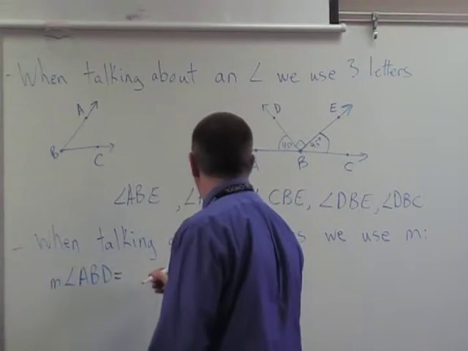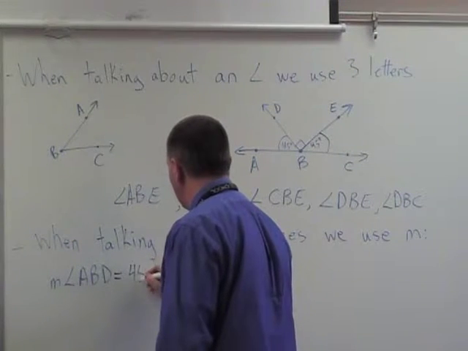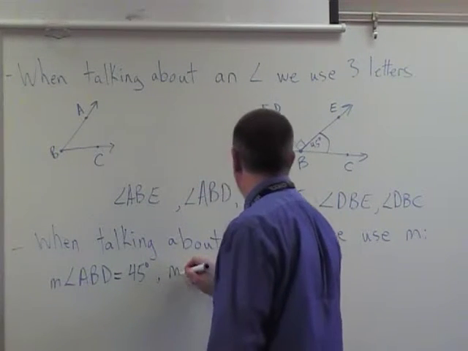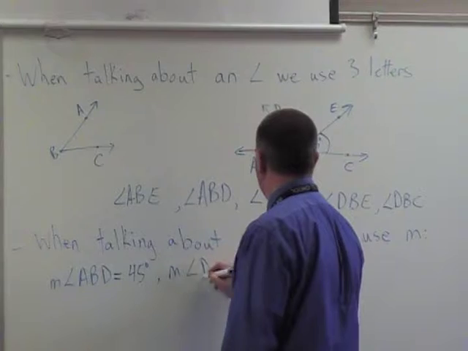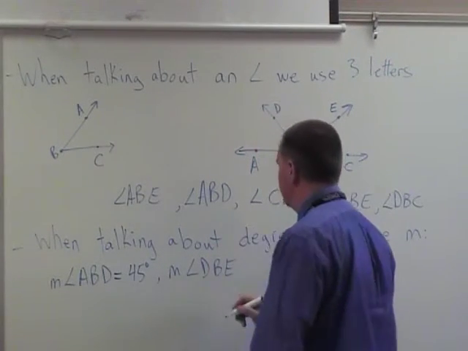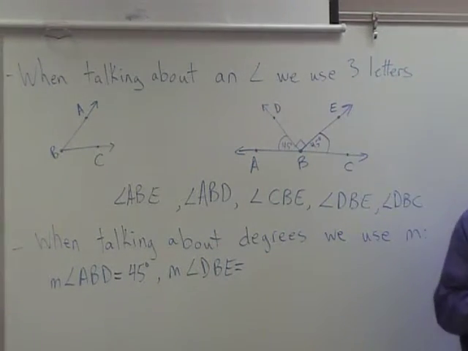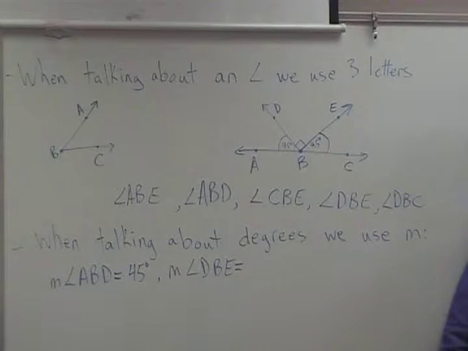All right, so the measure of ABD, Quentin said it was 45 degrees. All right, the measure of angle DBE equals DBE. By show of hands, who knows this? When you're done writing, raise your hand if you know it.